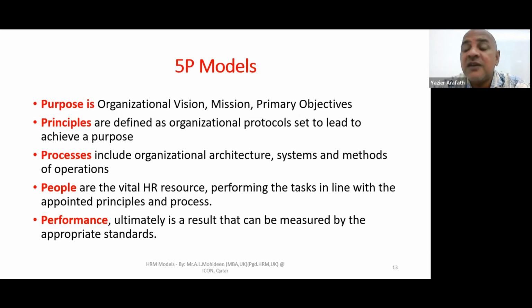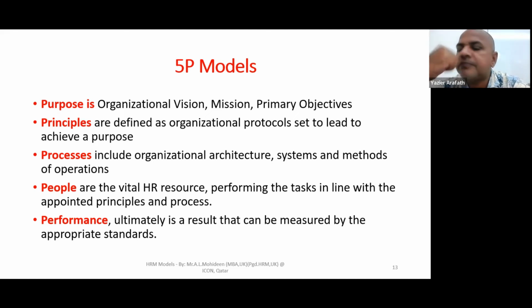These are the processes we have to follow in organizational architecture, system, methods, and operation. Based on the process, people are going to work. And when they work based on the purpose, principle and process, the performance will be aligned with the purpose.